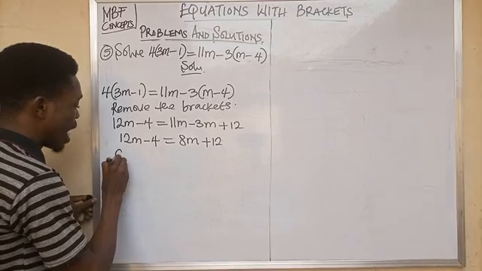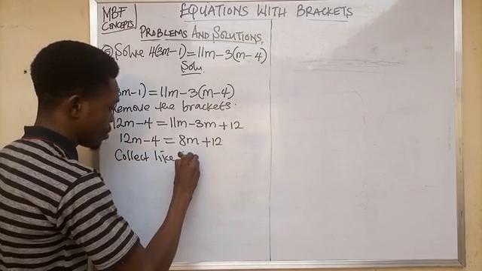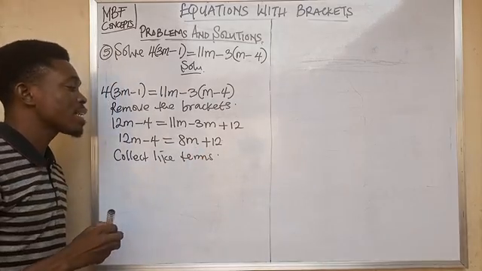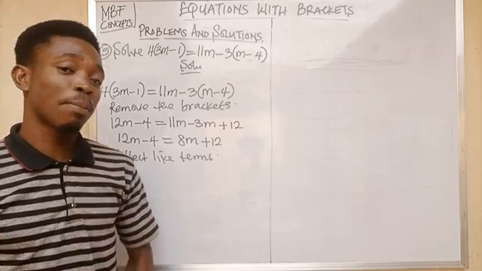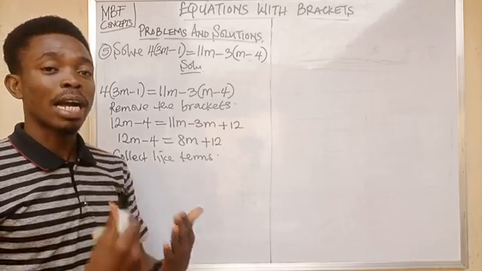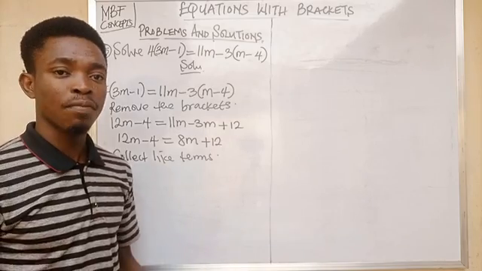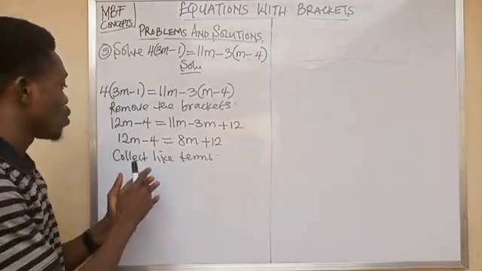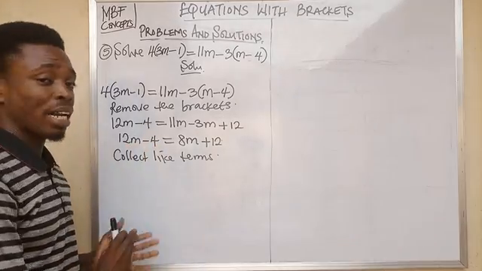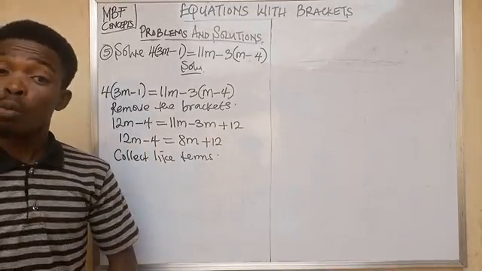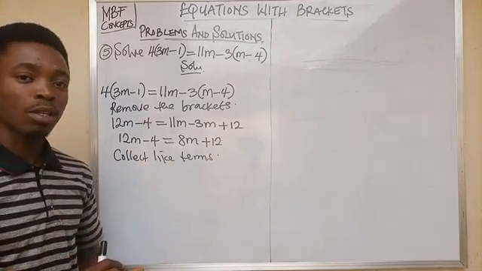Now we have collection of like terms. In this case, we already know that the left hand side carries only the variables, while the right hand side carries what? The integers, which are the constants. Therefore, any of these terms that is a carrier of m must occupy the left hand side, while those without m will occupy the right hand side, being that m is the variable in this particular equation.